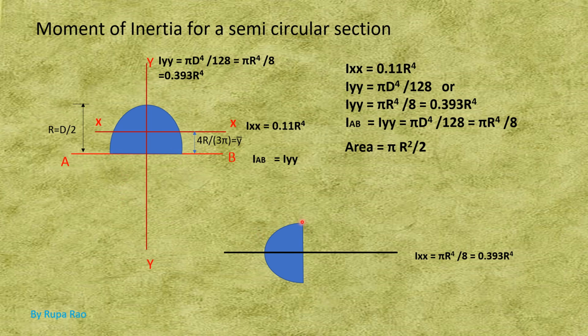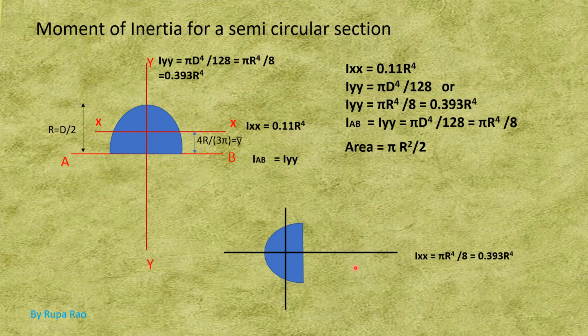Now this is the diameter and this is the axis which is perpendicular to the diameter. So when the axis is perpendicular to the diameter, the moment of inertia will now be pi r raised to 4 by 8, or 0.393 r raised to 4. This will become Ixx here. When I turn it, the axis turns. So now this is the x-axis, but the moment of inertia is not 0.11 r raised to 4.